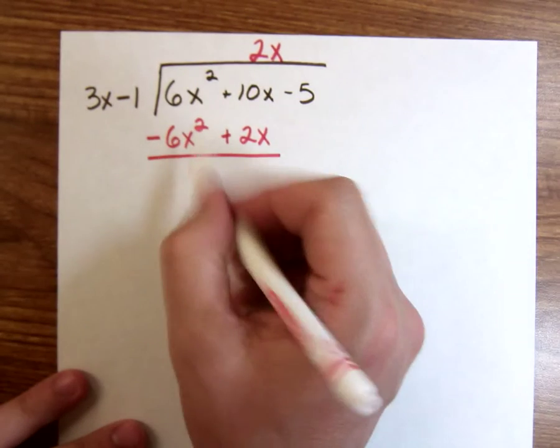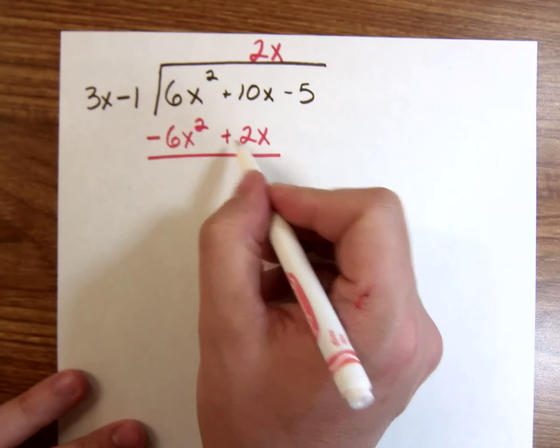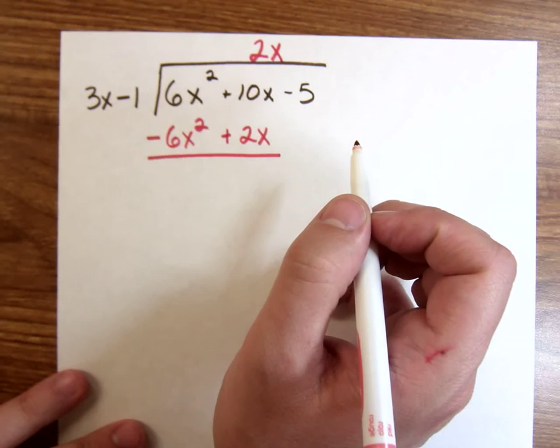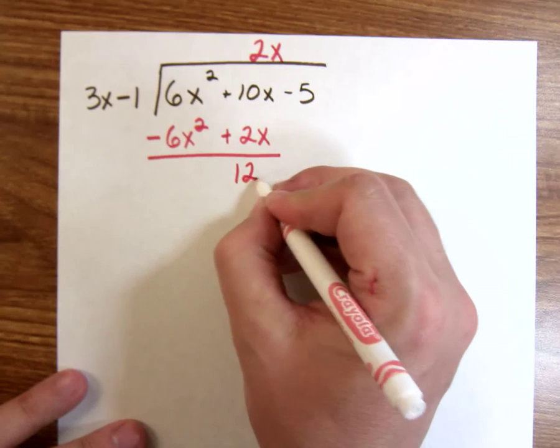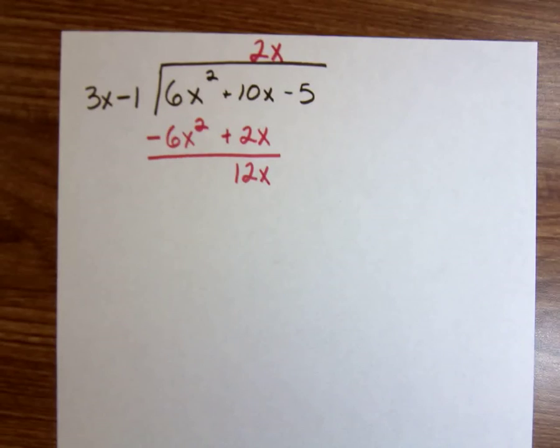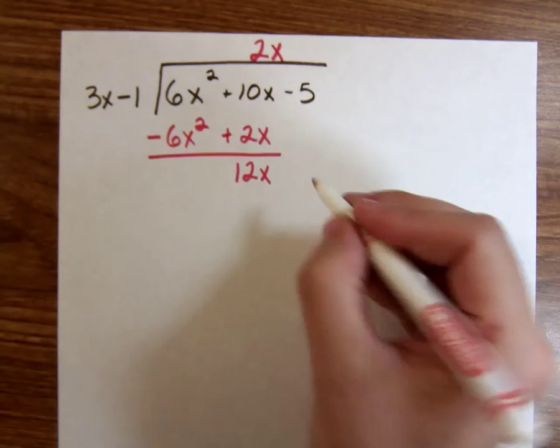So the 6x squareds are gone. The minus 2x changed into a plus 2x when we subtracted. Minus a negative is plus. So that'll be 12x. And then bring down the minus 5.